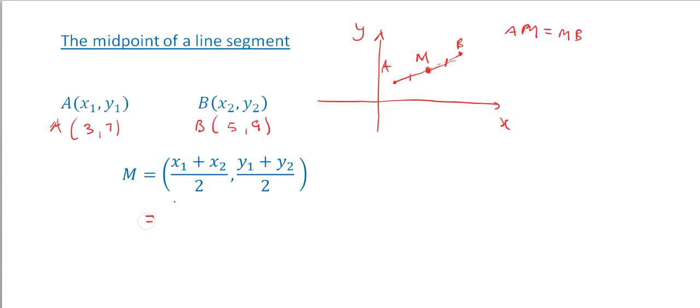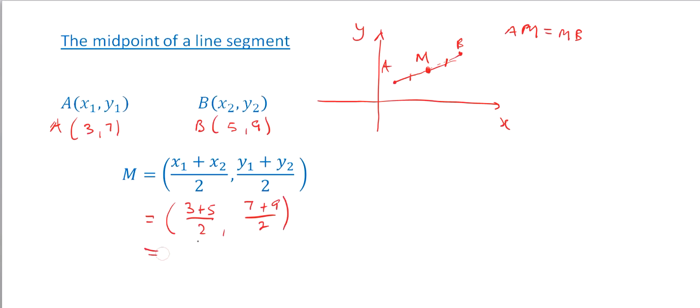If you don't want to remember x1 plus x2 over 2 comma y1 plus y2 over 2, let's remember we are adding the 2 x coordinates and divide by 2, and we add the 2 y coordinates and divide by 2. So it'll be 3 plus 5 over 2, and I'm going to add the y coordinates, 7 plus 9, and divide by 2.